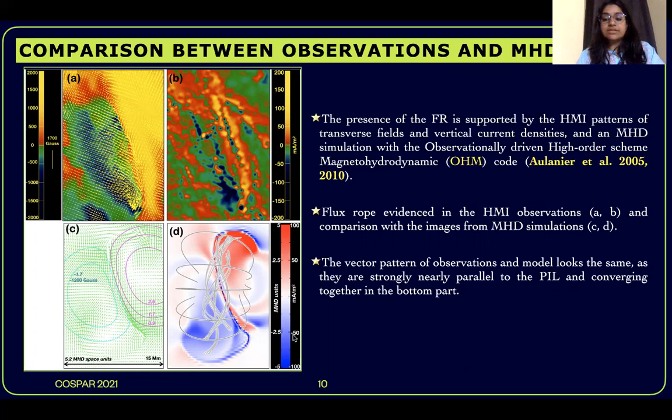So the presence of the flux rope is supported by the HMI pattern of the transverse fields and vertical current density maps, and in the MHD simulations as well. The vector pattern of observations and models is strongly near parallel to the polarity inversion line and converging together in the bottom part.